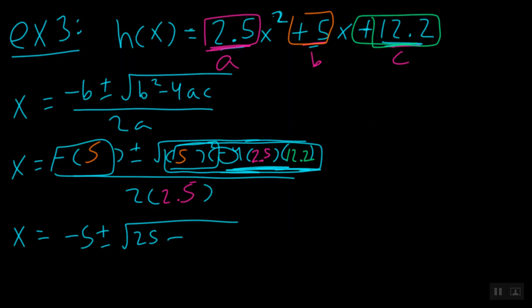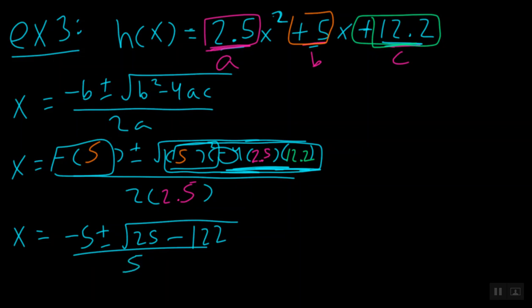So I'll go ahead and use a calculator. Let's see. 4 times 2.5 times 12.2 will give us 122. All over, and 2 times 2.5 is 5.